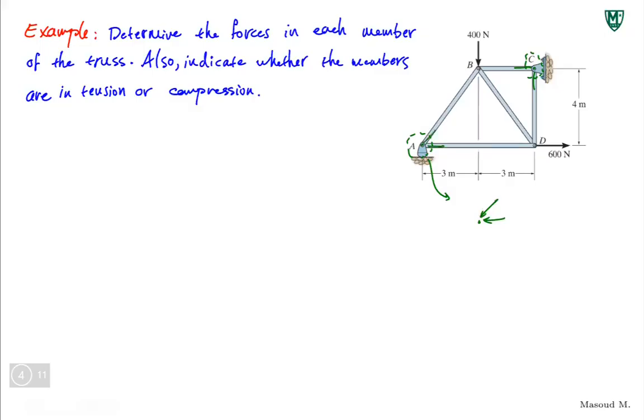These are internal forces. I'm going to have also one external force here, which is the support reaction. So now point A is a point with no known force. I don't know any of these forces, and there are three unknown forces. So that also does not meet the requirement, right? We said we need to have at least one known force and at most two unknown forces. So this is not going to work either.